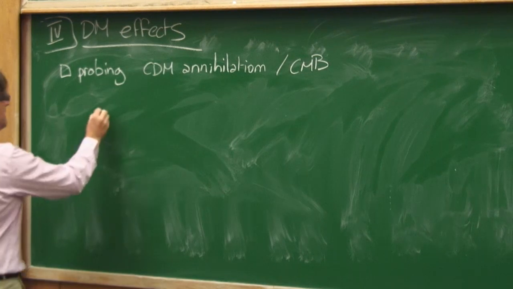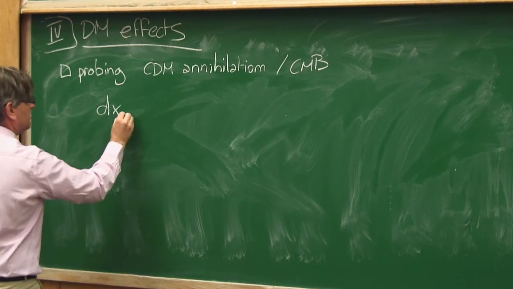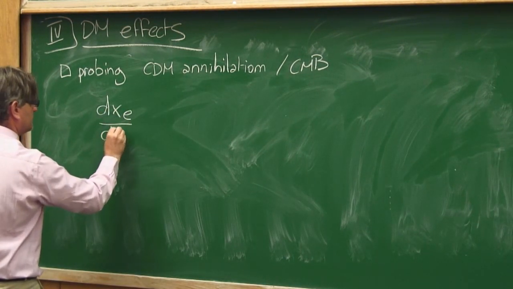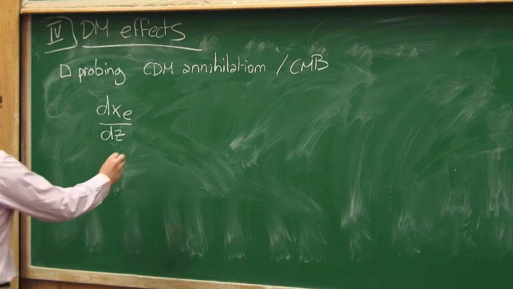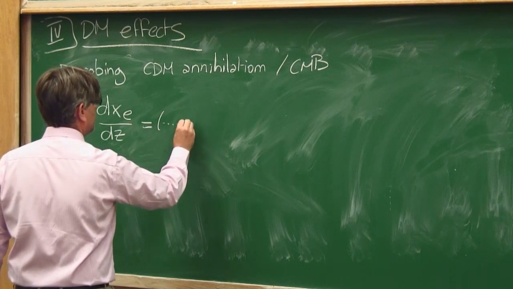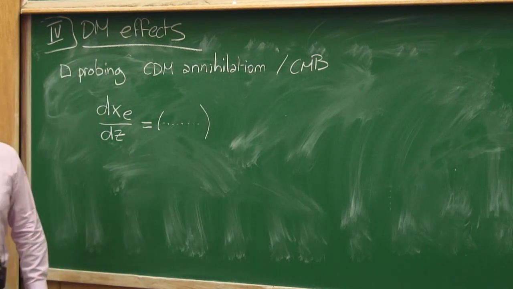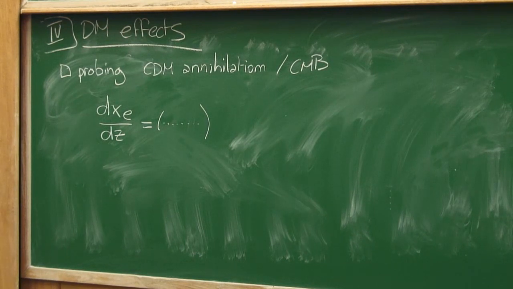When you study recombination, you have an equation of evolution for the free electron fraction. I don't write it explicitly, but in the simplest limit, it comes from a Boltzmann equation similar to the one for deuterium formation. Suppose that cold dark matter annihilates.